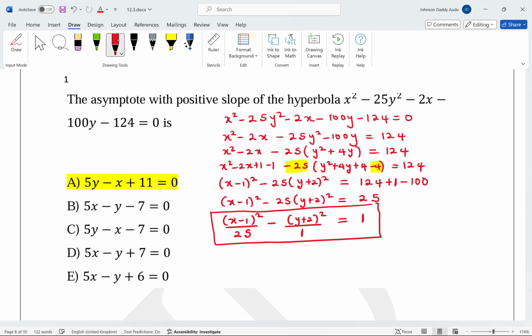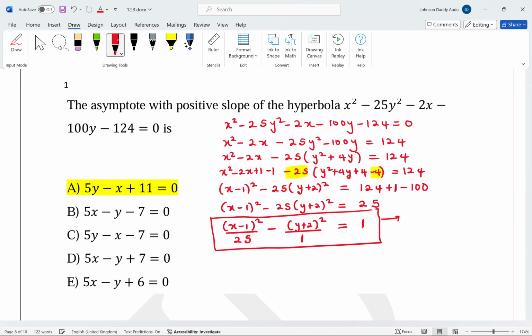Now, what type is this? This is going to be a horizontal hyperbola because the positive is associated with x, and a squared is just 25. And that means that a is 5. b squared is 1, which means that b is equal to 1.